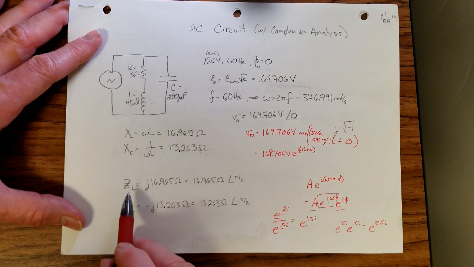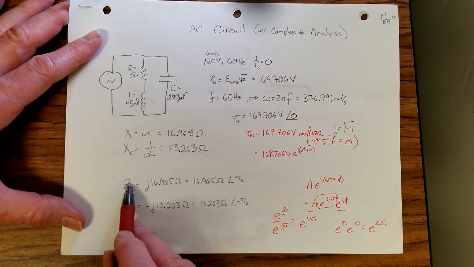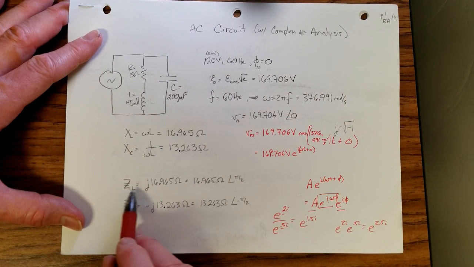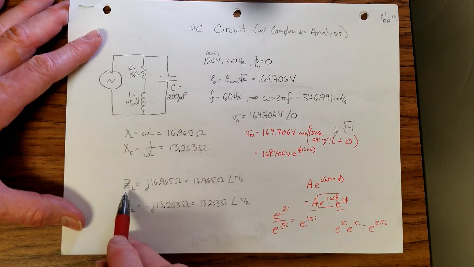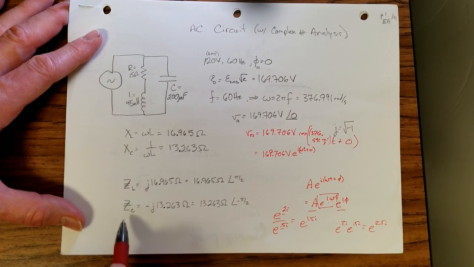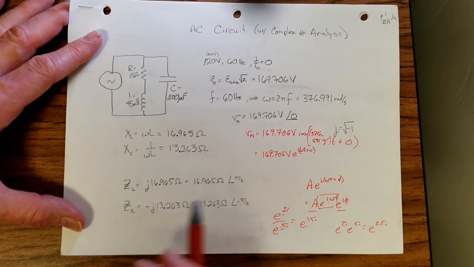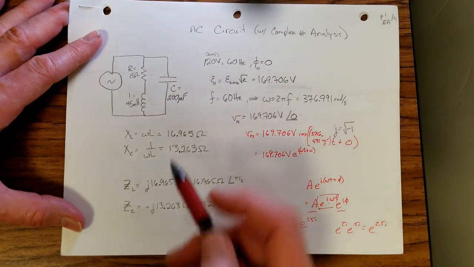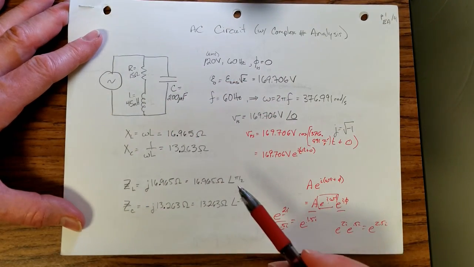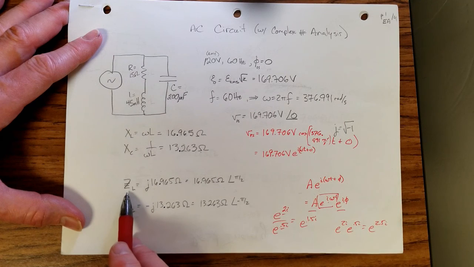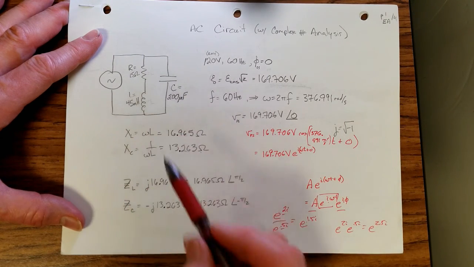So for the components, I decided to put an extra line through my Z's here. Whether I'm 100% right or not, I don't know, but I will call this Z sub L and Z sub C, just to differentiate it from the impedance, which is the term I'm using for the entire circuit. In essence, it's the effective resistance of a particular component.